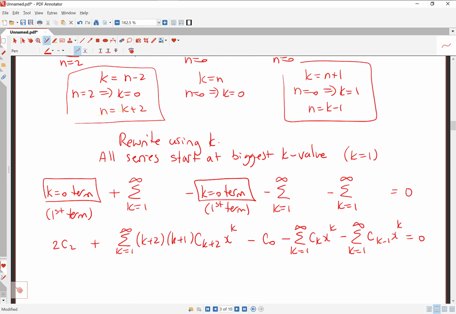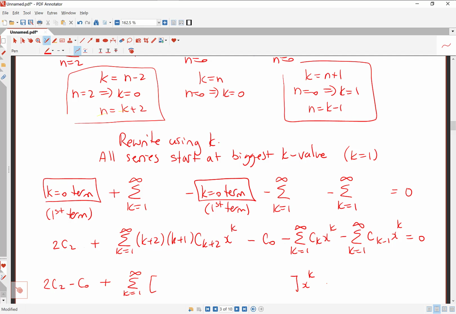So from here, things are going to get much easier to write down. If we just collect all our extra terms at the beginning, we've got 2C2 minus C0. Then we've got three series that all go from k equal 1 to infinity. So we can collapse this into a single series and notice that each of those series has the power x to the k in there.